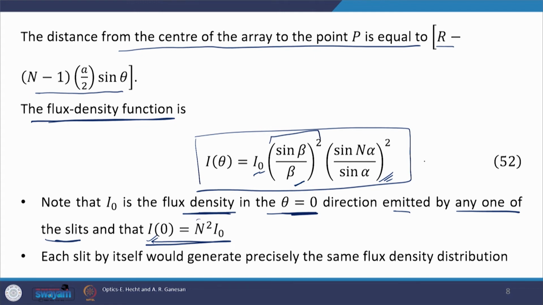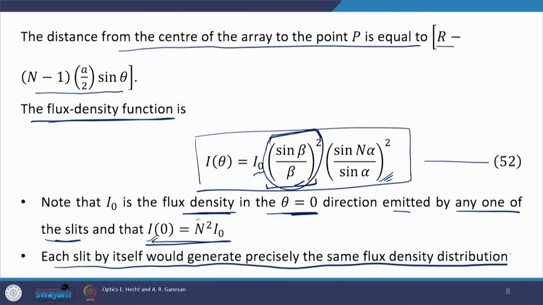Now, as expression 52 suggests, we will have the single slit diffraction pattern also in the complex pattern produced by multiple slits. Therefore, each slit by itself would generate precisely the same flux density distribution.